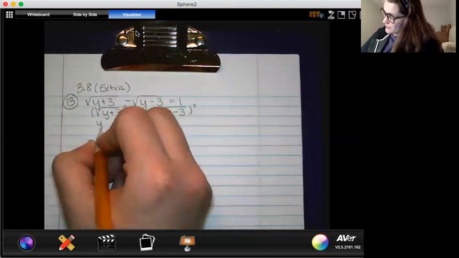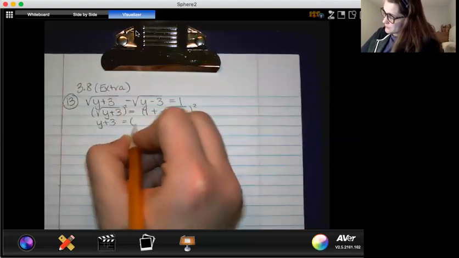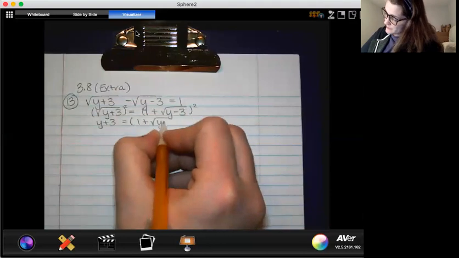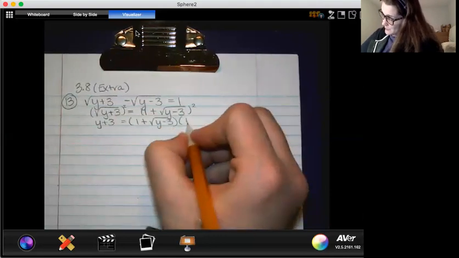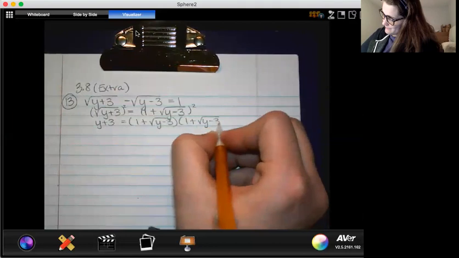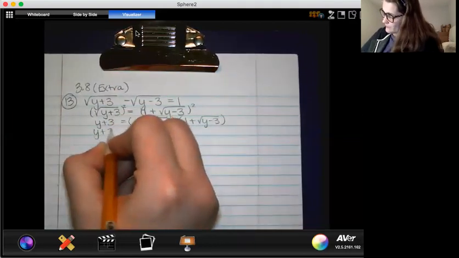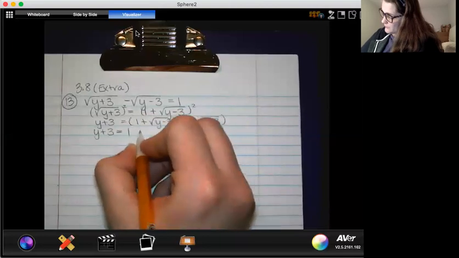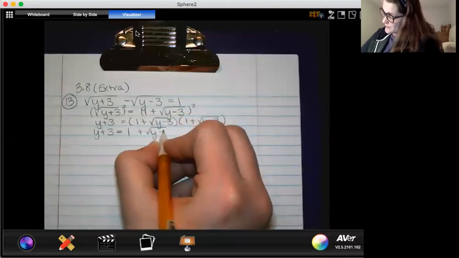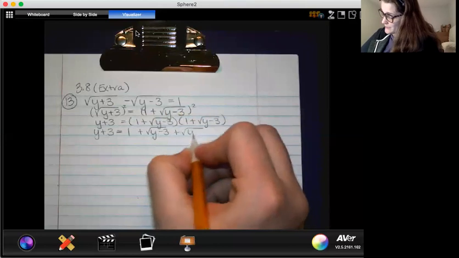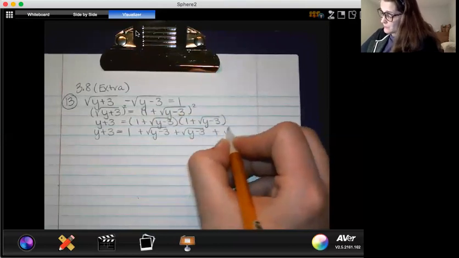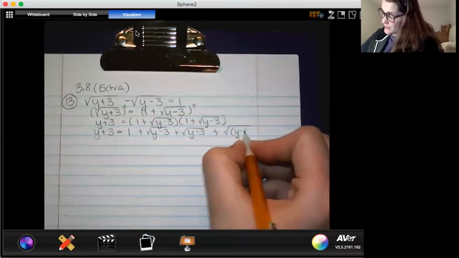So I have y plus 3 equals 1 plus the square root of y minus 3 times 1 plus the square root of y minus 3. Then we're going to FOIL. 1 plus square root of y minus 3 plus square root of y minus 3 plus square root of y minus 3 squared.